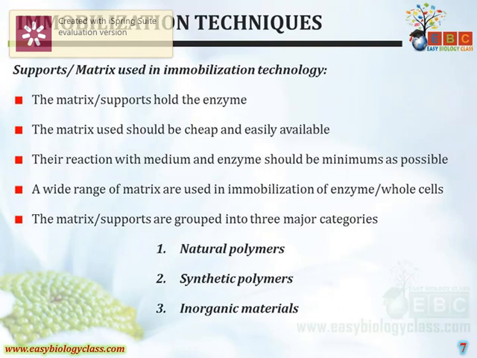Here there are many examples of matrix or support used for the enzyme immobilization technique. It may be natural polymers, synthetic polymers, inorganic material, or charcoal. There are many examples of that. So here we have discussed the support matrix and its properties.